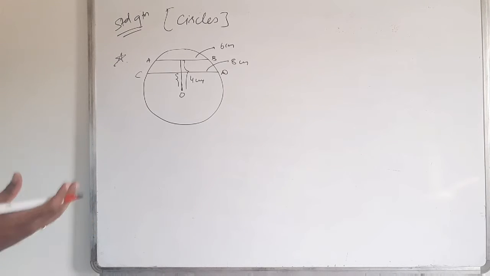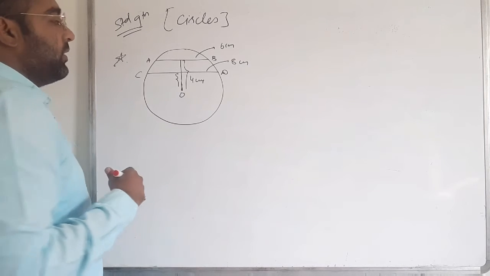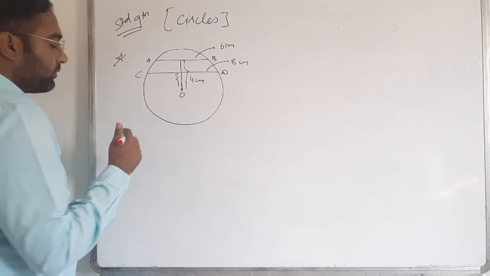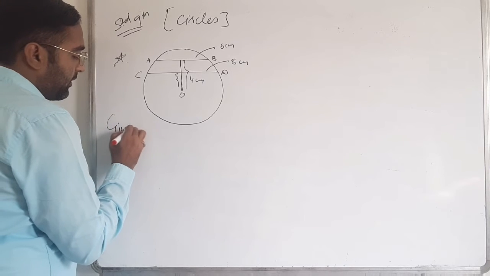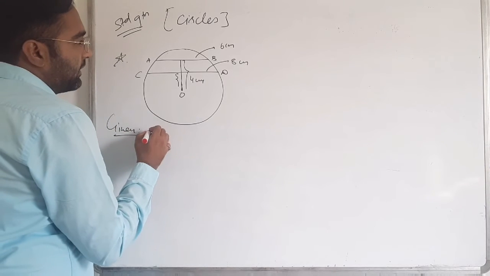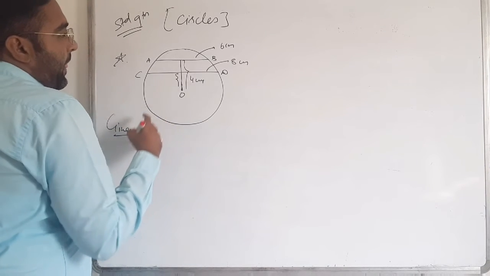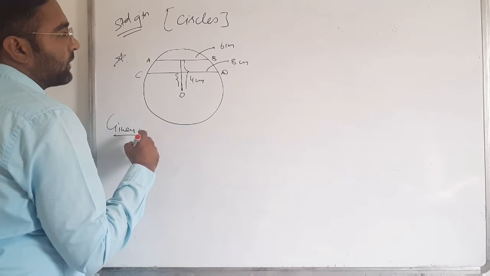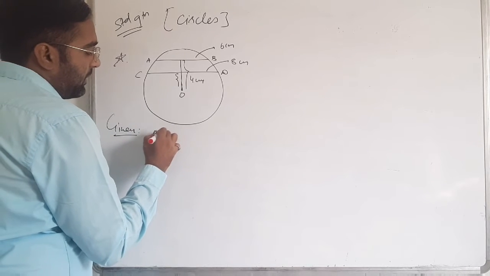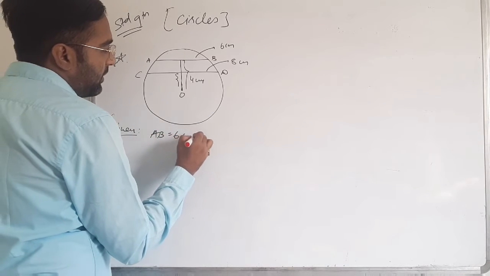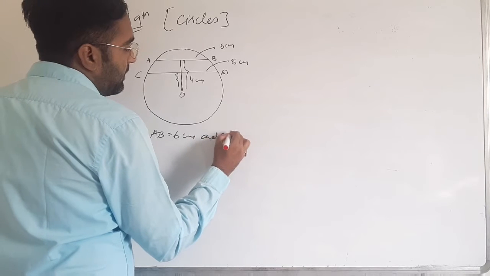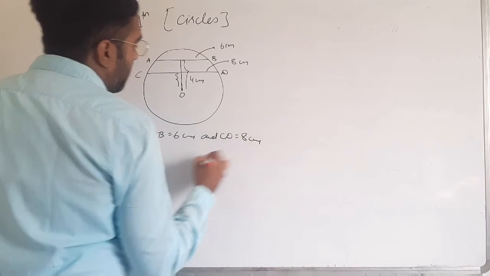So let's start the question. First of all, in the given: AB is equal to 6 centimeter and CD is equal to 8 centimeter.